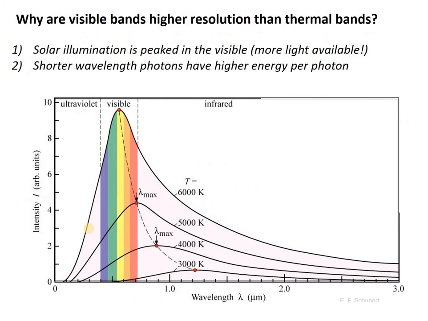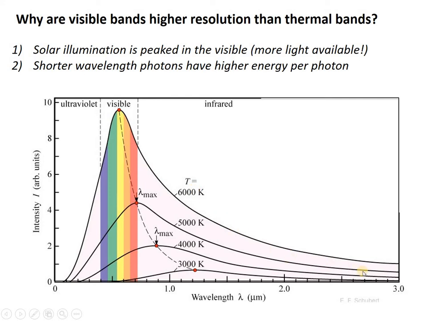And just to tie this all the way back to a previous video, why does this all make sense? Well, it all comes back to the black body spectra and Planck's equation. We know that hotter objects like the sun are peaked in the visible. So most of the photons that we get from the sun come from the visible. There's just a lot more light in the visible part of the spectrum, and those photons have more energy.